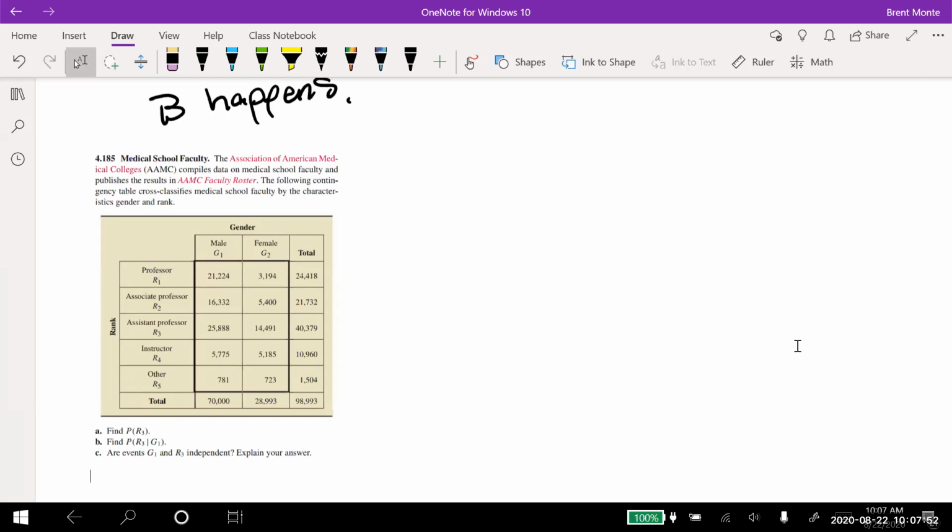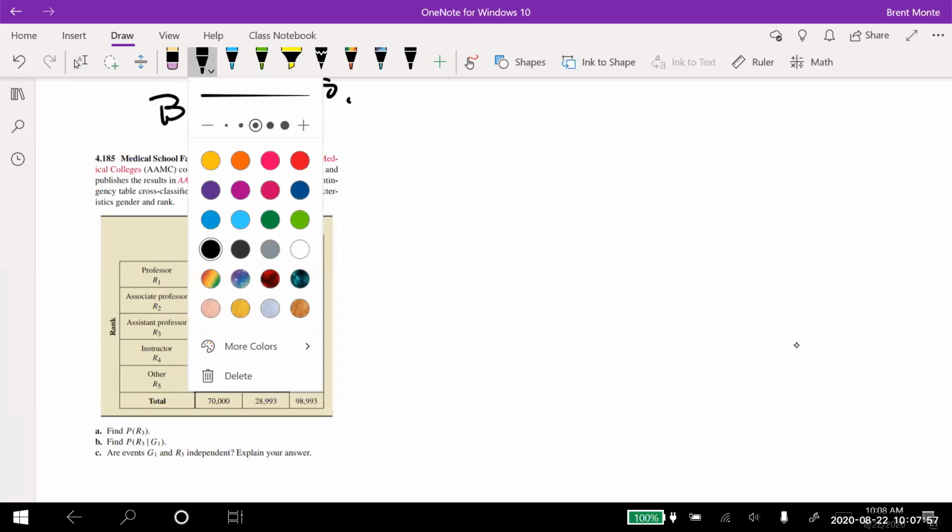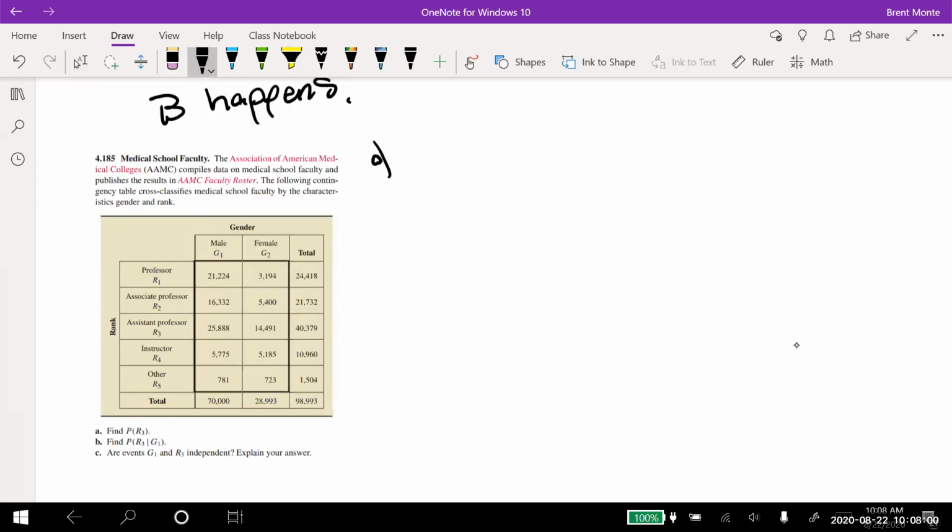So find P of R3. On A, it says find the probability of R3. Well, what does R3 mean? R3 means they're an associate professor. The probability is F over N again. There's 40,379 of them out of the total of 98,993.